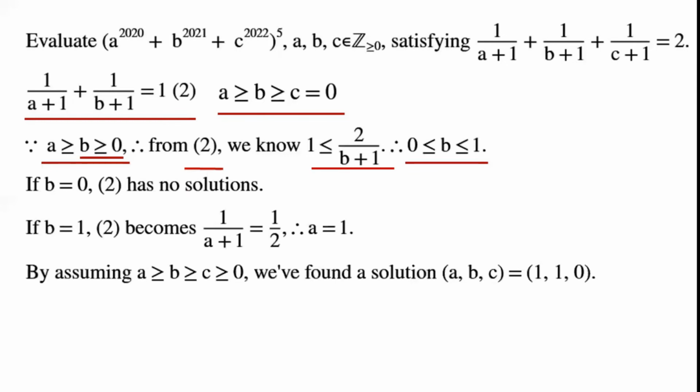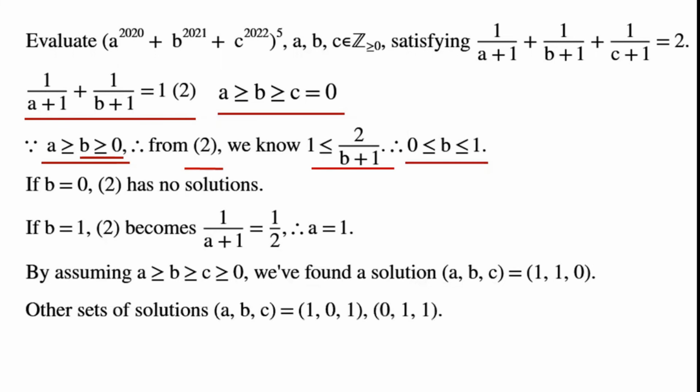By assuming a ≥ b ≥ c ≥ 0, we've found a solution: (a, b, c) = (1, 1, 0).